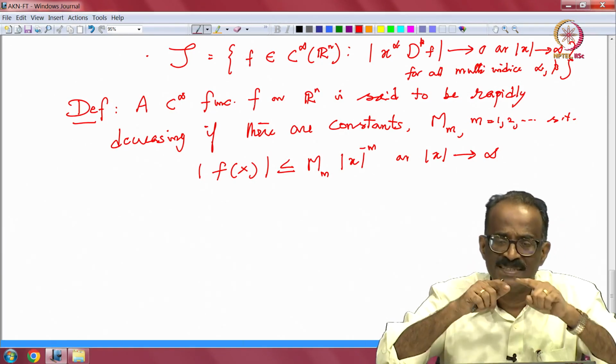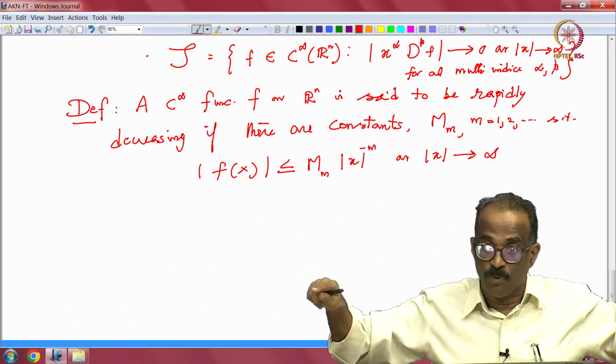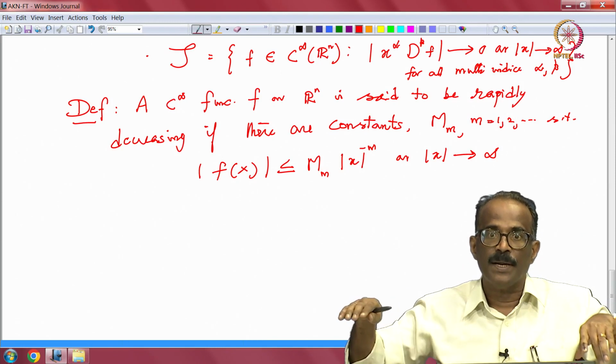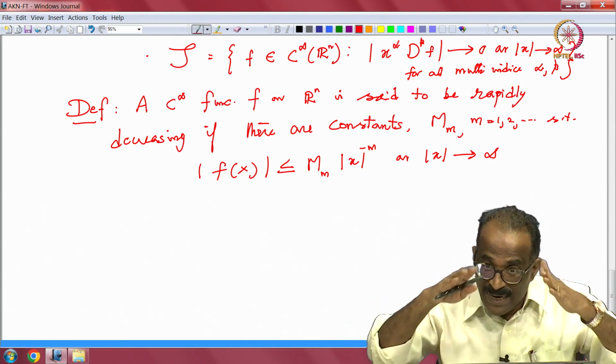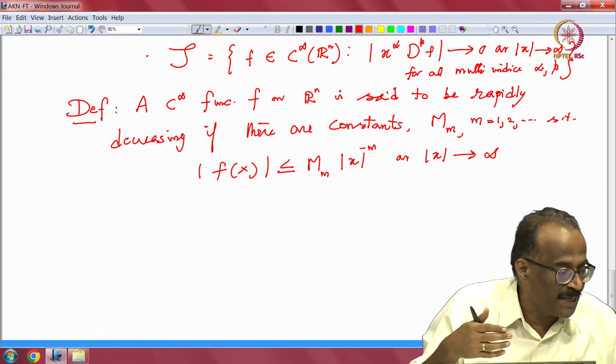See, D of Omega, you keep that in mind. In D of Omega you have a compact support, so it is already decayed to 0. Here now you are looking at rapid decay only. So, for C infinity functions you may not have any decay.